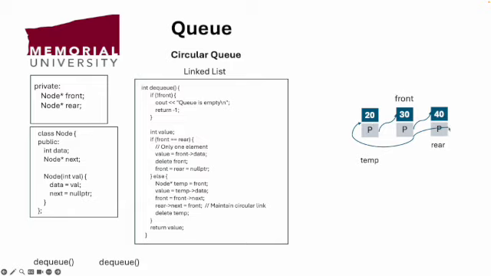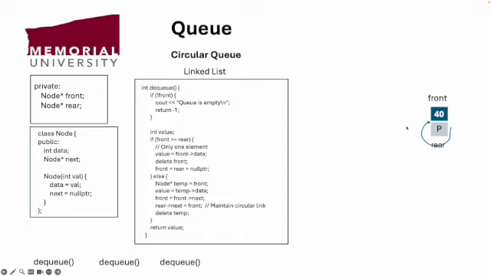Rear will point to this front, break it, and point to the front node. This is going to be deleted. Okay, keep going. Dequeue, same principle, right? So it's still more than one element. Keep moving the front, and break the circular link, assign to itself, and erase this node.